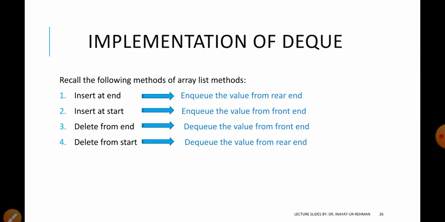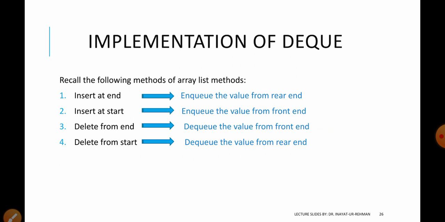We performed these operations in array list and in linked list. So we can convert the insert at end method, and we can rename it as NQ value at the rear end.